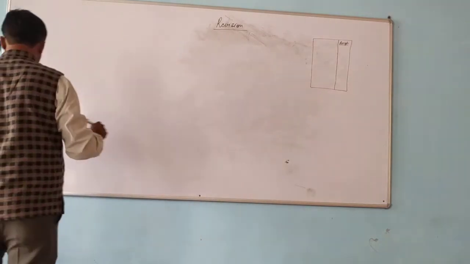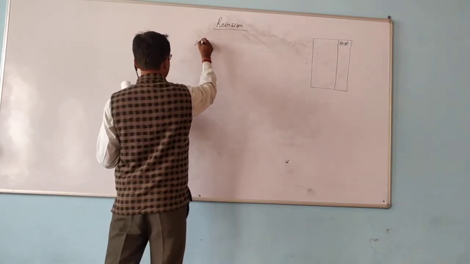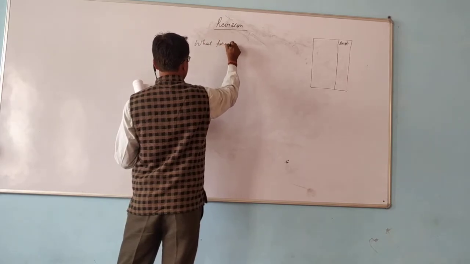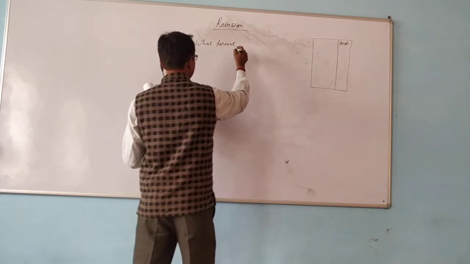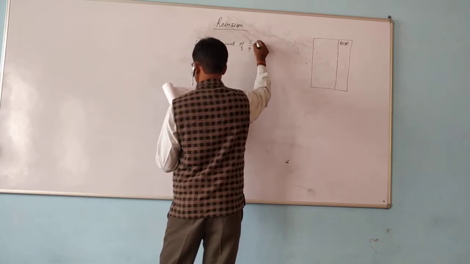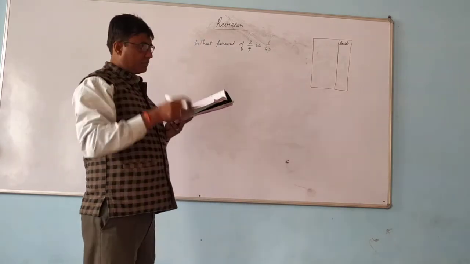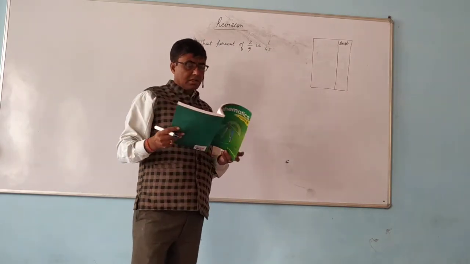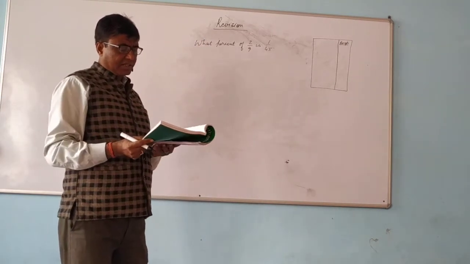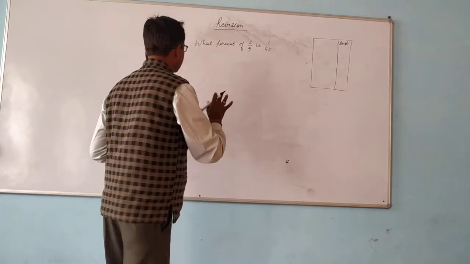So the first question says, what percent of 2 upon 9 is 1 upon 45. See, here the same questions we had done in the last class, right? But here the only thing is the numbers are given in fraction. So nothing is there.